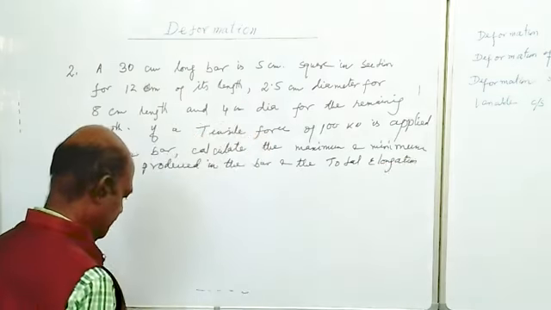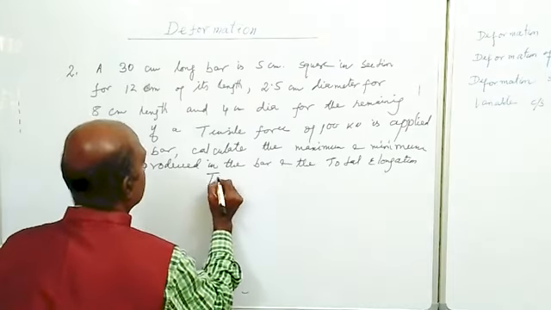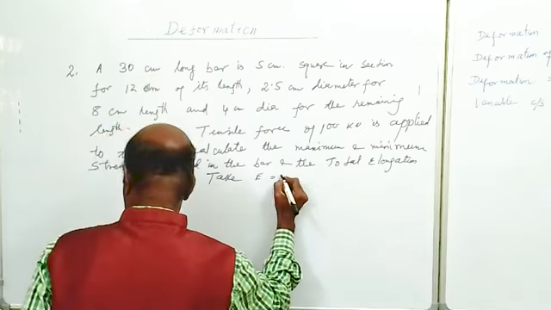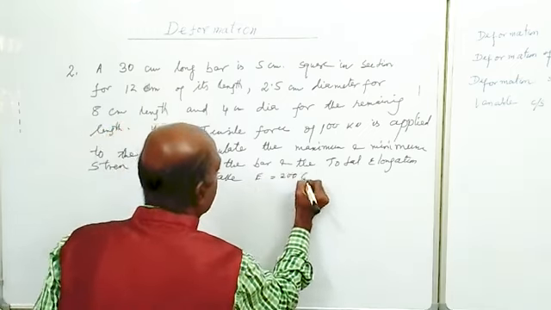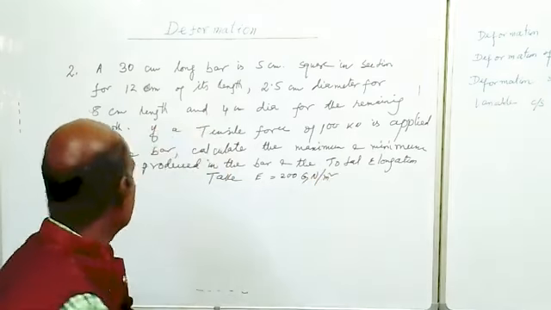Take E is equal to 200 giganewton per meter square. So this is the problem given.